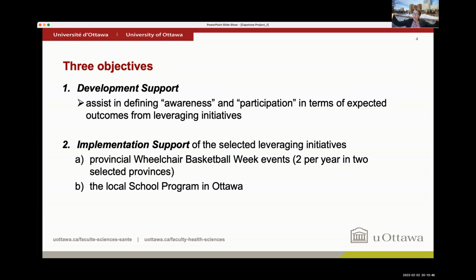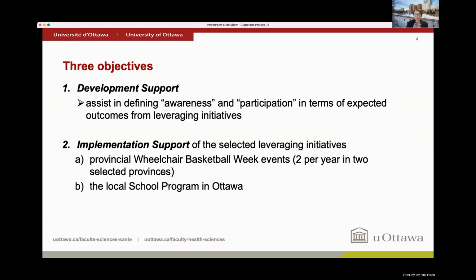So we know they're going to have these provincial events, but because the event is in Ottawa, they also want to do leveraging initiatives around the local school program. So go into the schools and work with the local schools to create awareness and increase participation.